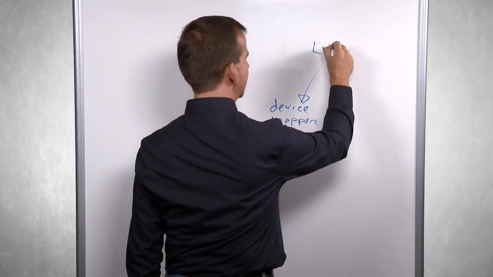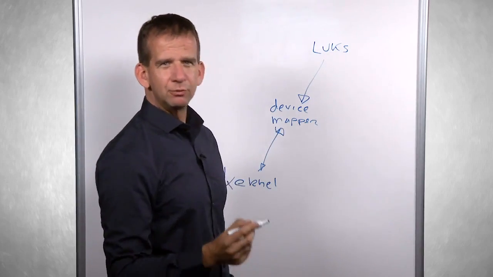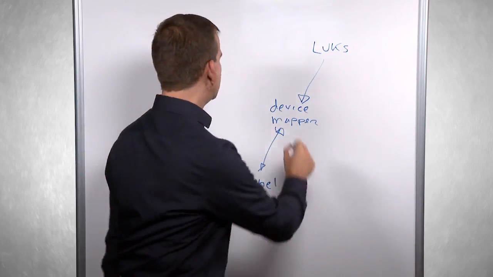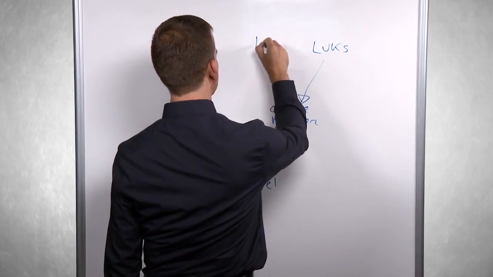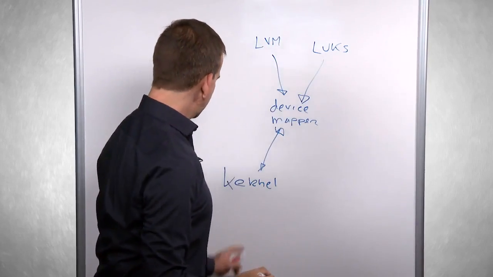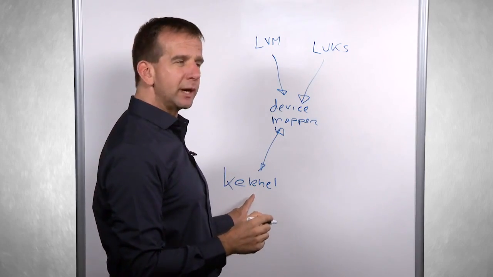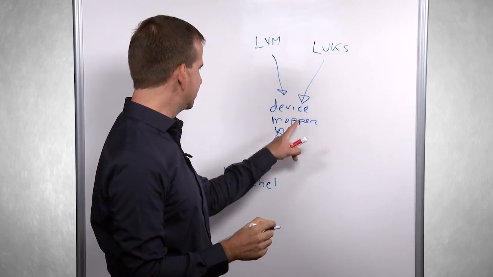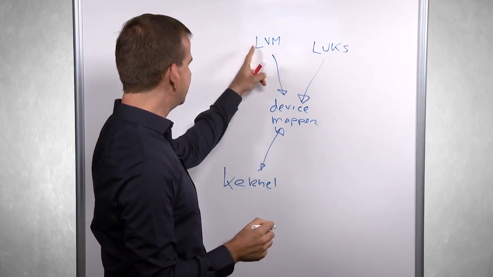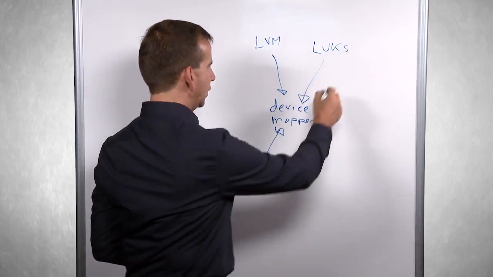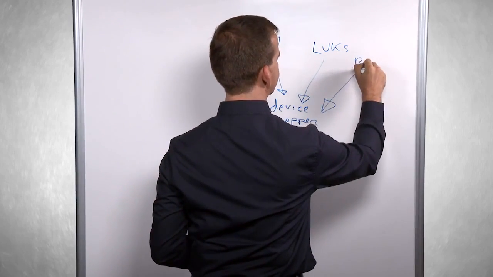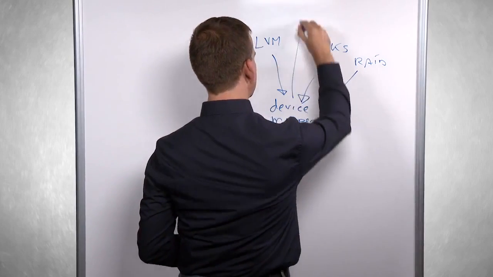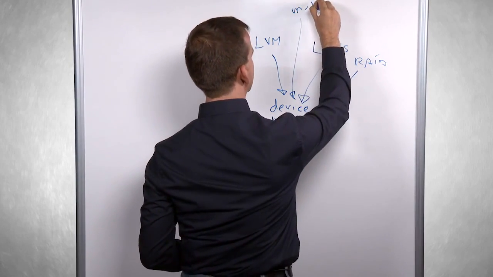It's the LUKS encrypted partitions that we've seen in the last lesson. LVM is also going to talk to the device mapper, which brings the benefit for the kernel that the kernel just has to communicate with the device mapper and LVM and LUKS and other systems like software RAID, for example, like multipath, for example.